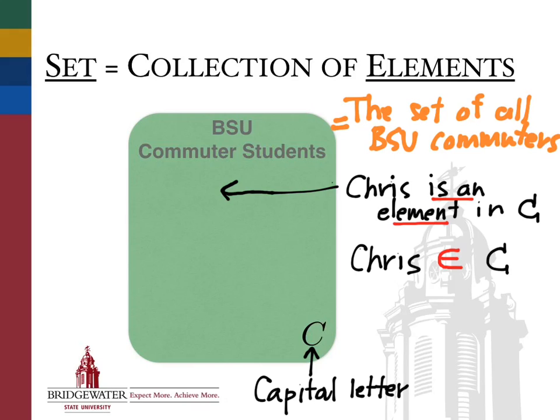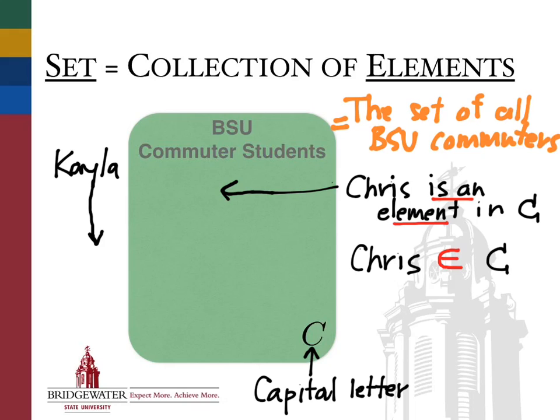On the other hand, Kayla. Kayla's Post-it's not in C. Why not? She's not a commuter student. Right? So Kayla does not belong to this set. She probably belongs to a lot of other sets, but not this one.